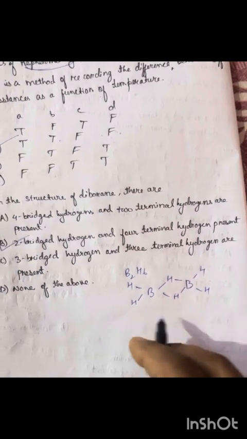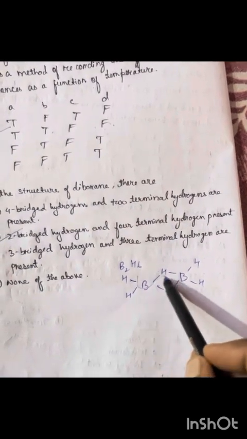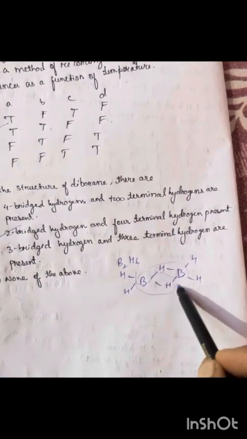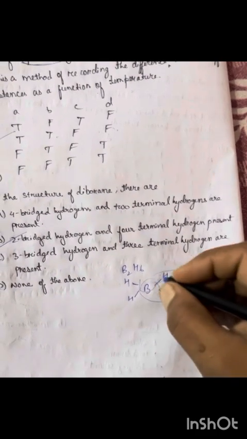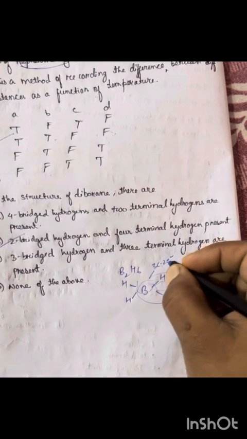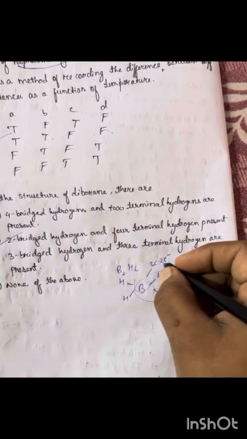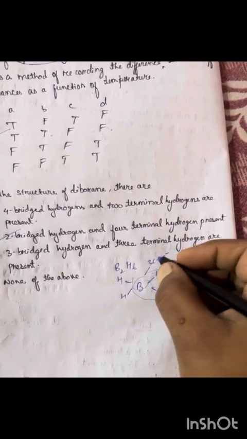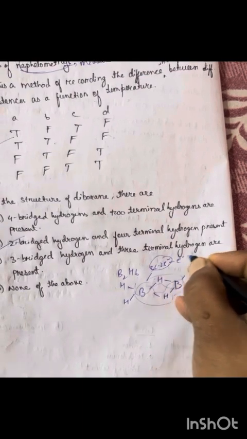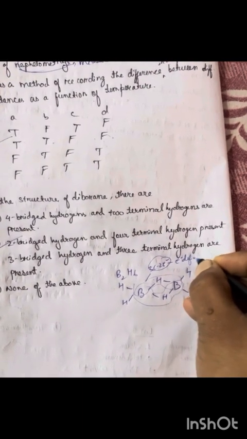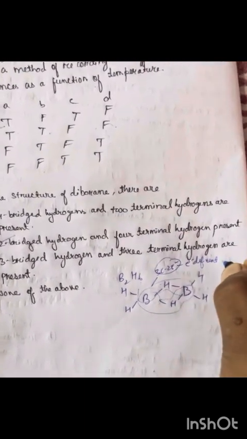What's important now is that you see here this boron to hydrogen bridging bond, which is a 3-centered 2 electron bond, meaning an electron deficient bond, right?